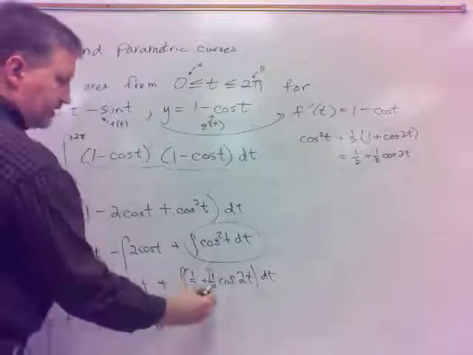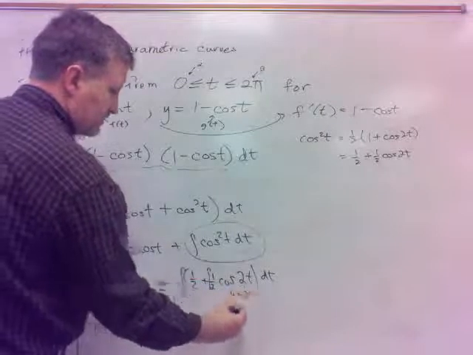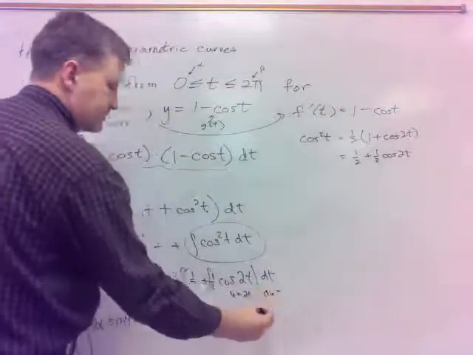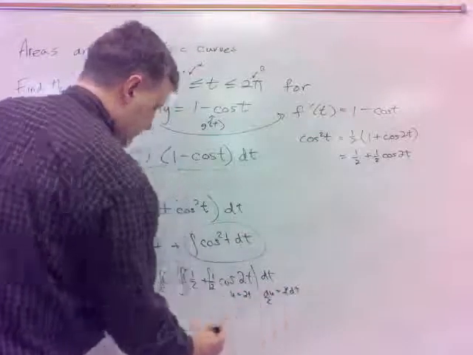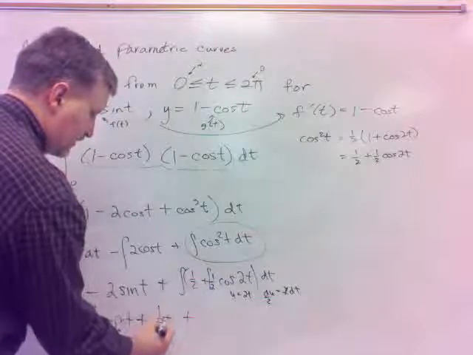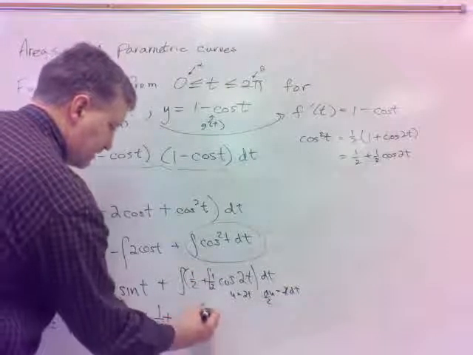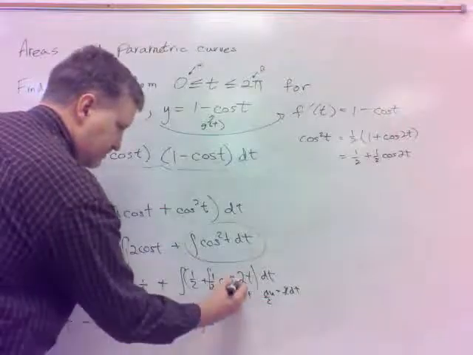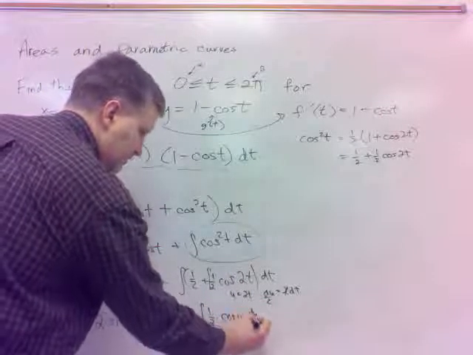The integral here, that's just a u substitution. U equals 2t, du equals 2 dt, divided by 2, du over 2. All right, so this would be plus, then I got the integral of 1/2 is 1/2 t. The integral of 1/2 cosine 2t, so that would be the integral of 1/2 times cosine of u du over 2.